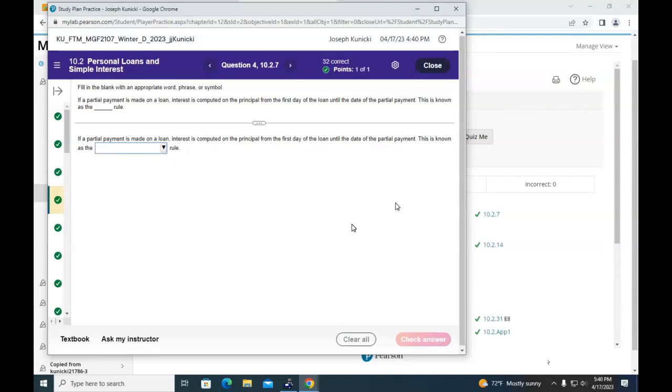Well, I guess there are two more we should mention right now, and that's the U.S. rule, that interest is always applied prior to partial payment.